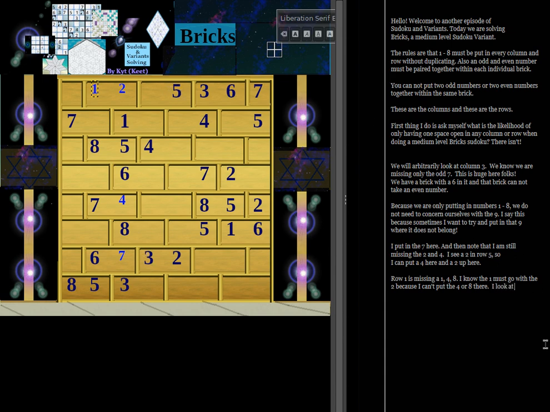Now I look at columns 1 and 4 and see an 8 in column 1 and a 4 in column 4. This means I must put the 4 in column 1 and the 8 in column 4.